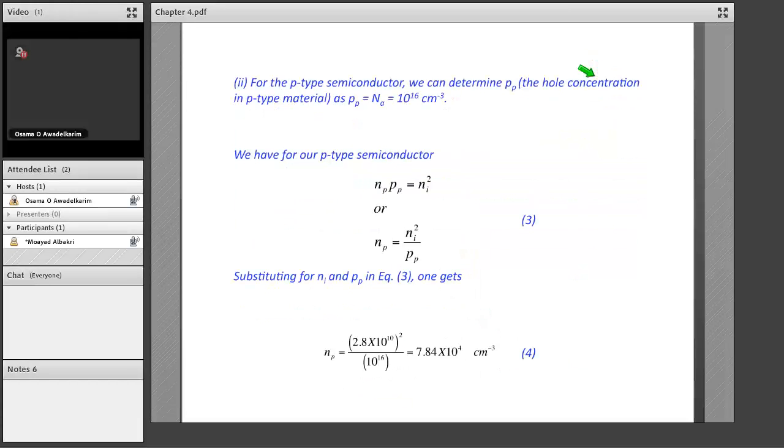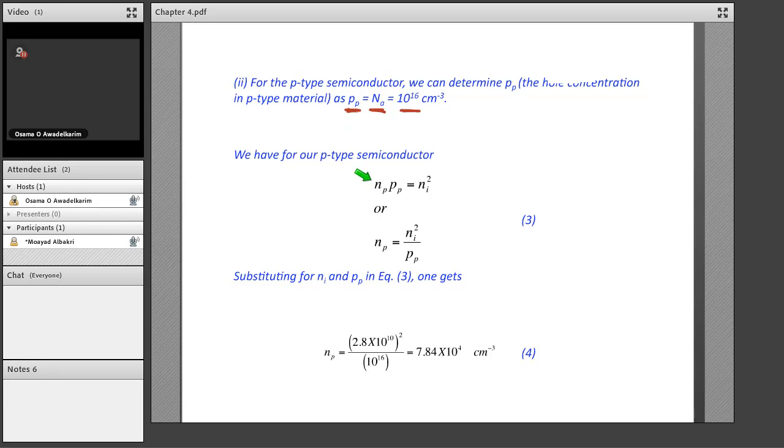Now if we dope it with acceptors, the concentration of acceptors is Na, which is 10 to 16, then, because each acceptor gives a free hole, the concentration of free holes in this p-type material is going to be 10 to 16, the same concentration as the acceptors.